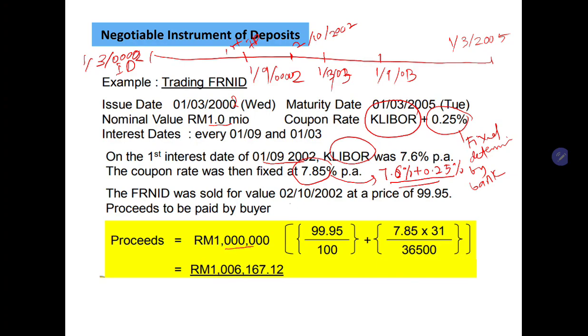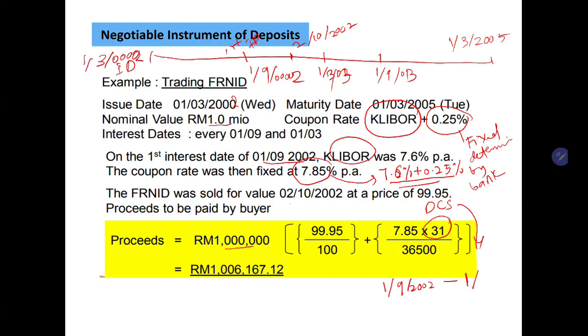So the DCS, we calculate between the 1st of September 2002 until the settlement date, the 2nd of October.